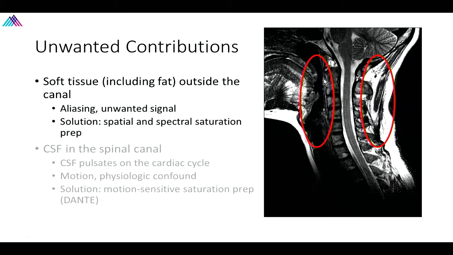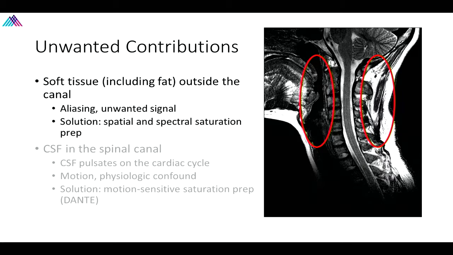So, as I said first, there's a lot of fat and other soft tissue in the neck, and the spinal cord sort of exists right in the middle of all this. So we normally phase encode in our EPI sequence in the anterior-posterior dimension. So we'd want to actually reject this soft tissue so that we can reduce our field of view in the phase encode direction and use that to shorten our echo train length and accelerate our acquisition.